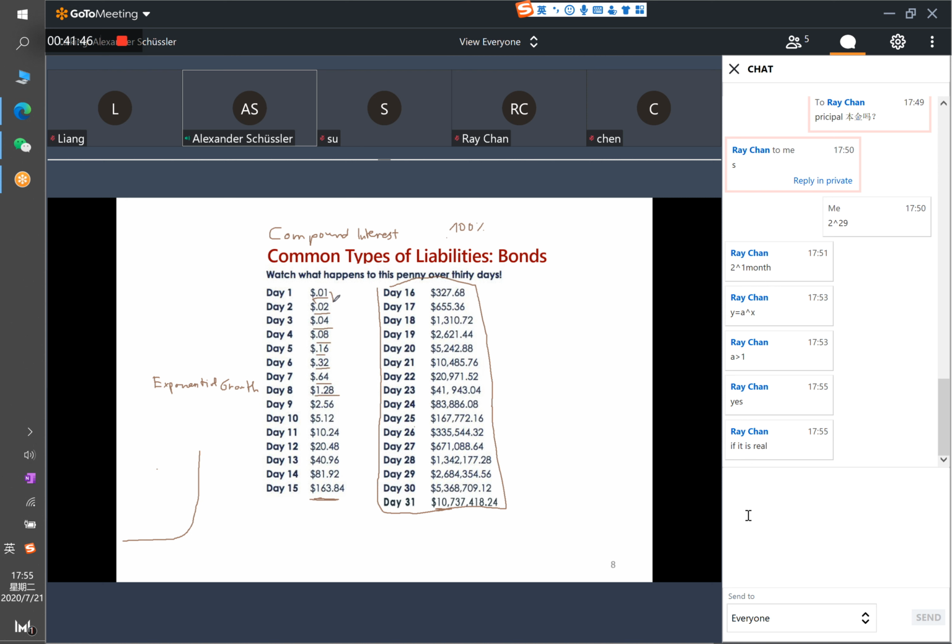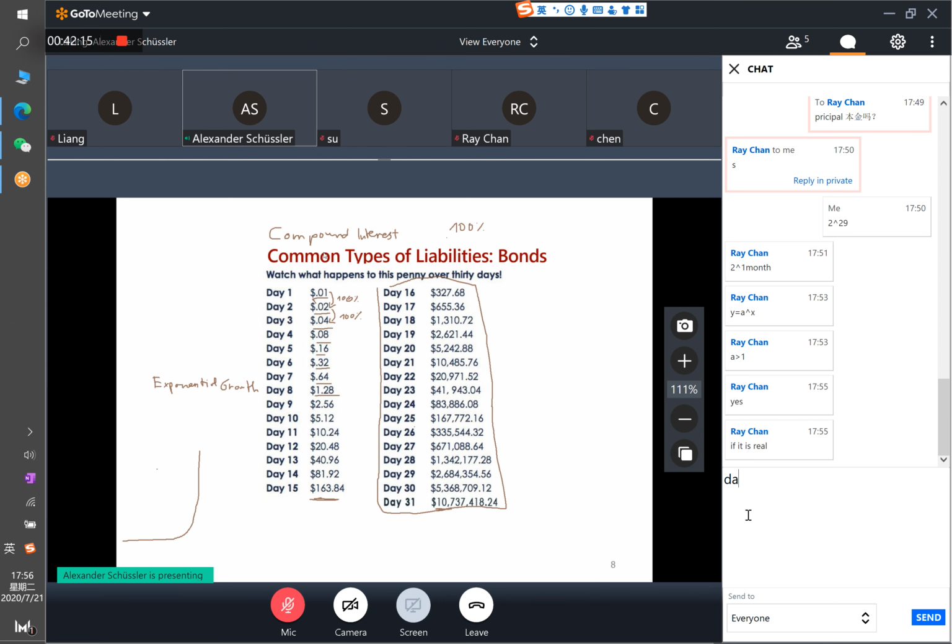This is 100%, and this is 100%, and so on. And that's why it's so impressive. Even when you start with a very small sum, it's 1 cent, but it's so impressive.